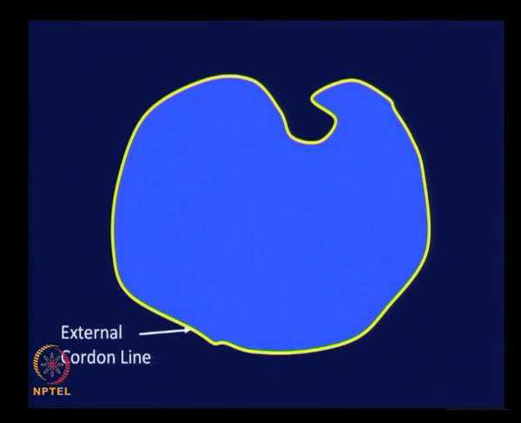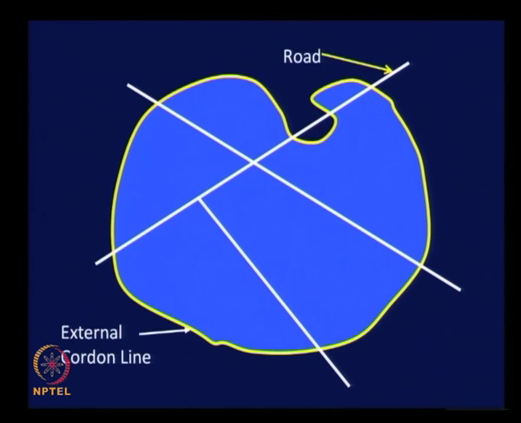This is what I said, external radiating roads crossing the external cordon line at only one point. We see, for example, this road is crossing the external cordon line at 1, 2, 3 locations, right. So it is going out of your study area and then coming into a study area.